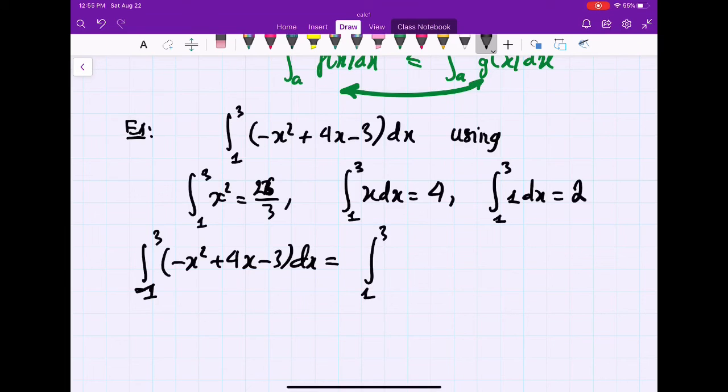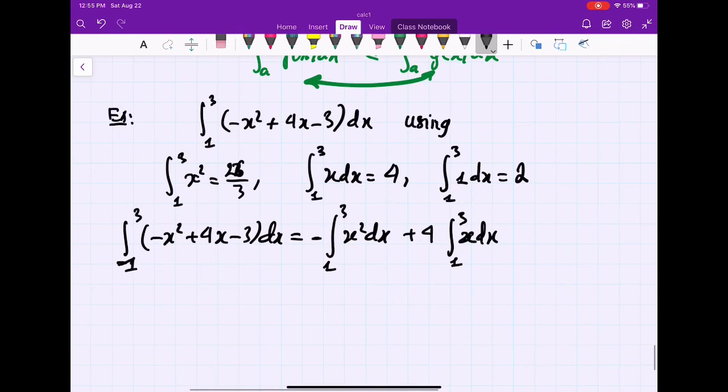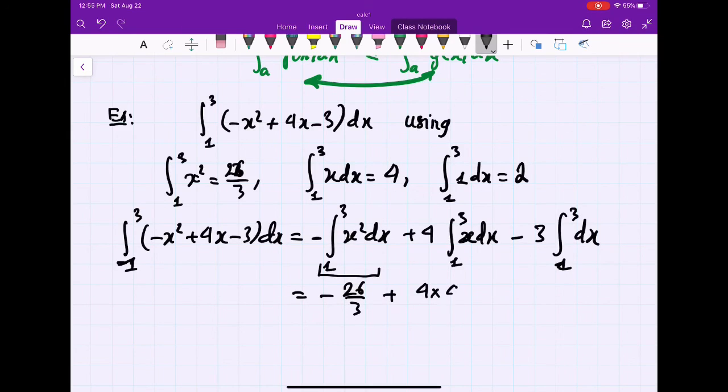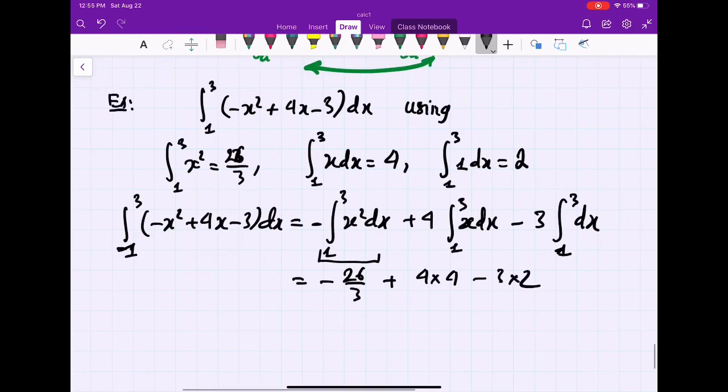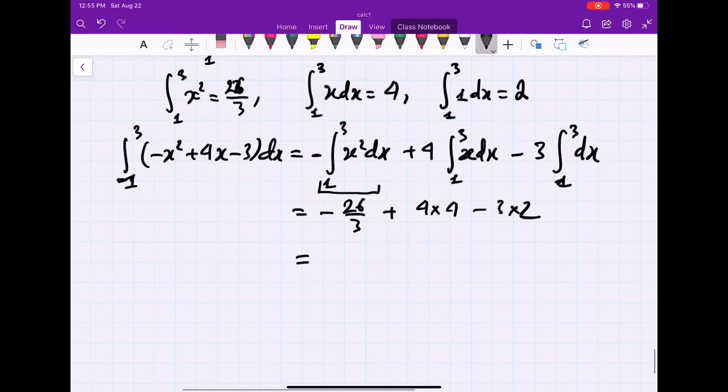In here you can take minus the integral of x squared dx, then plus 4 times the integral from 1 to 3 of x dx, and minus 3 times the integral from 1 to 3 of dx. And you can see that, as given, we have negative 26 over 3 plus 4 times 4 and minus 3 times 2, and you just simplify this, you get 4/3.